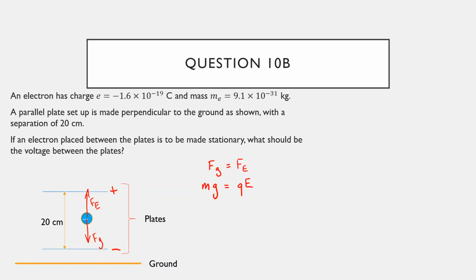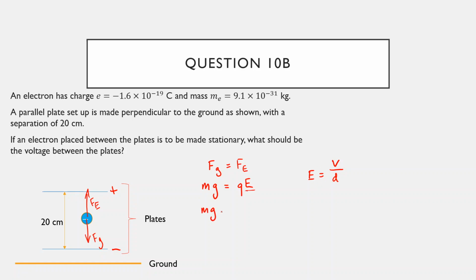At this point, we don't really have anything involving voltage, so what do we do here? Well, now you've got to remember the fact that between two parallel plates, the electric field can be written as voltage divided by separation. So what we can do now is replace this E here with this expression for electric field.